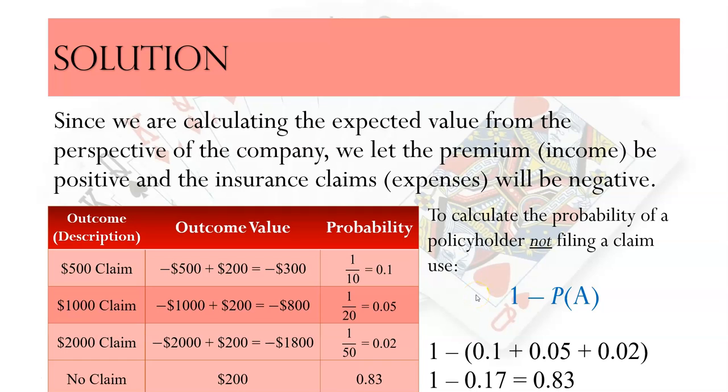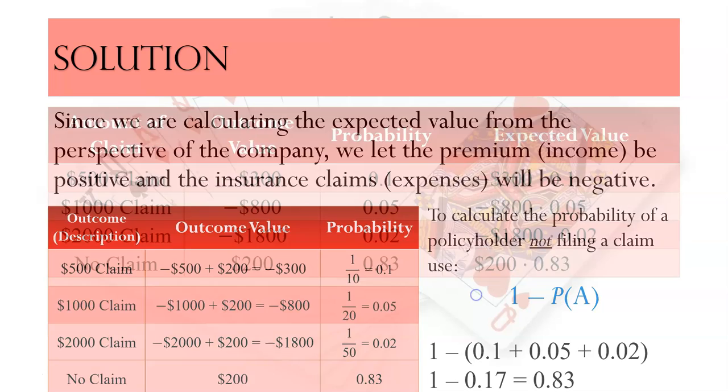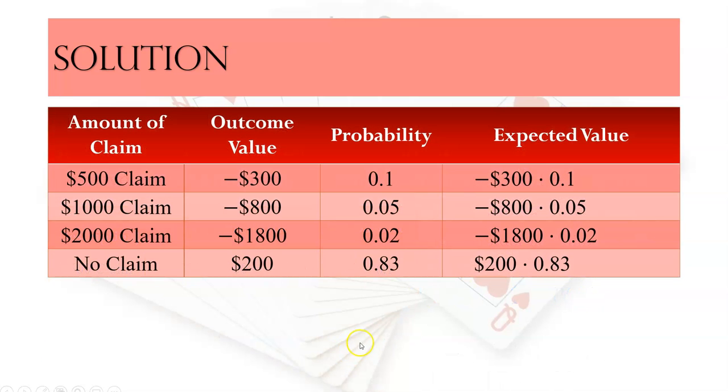Next, I have to figure out the actual expected value. So now that I have my outcome values and I have each probability, I multiplied each of those together and got these values: -30, -40, -36, and 166.